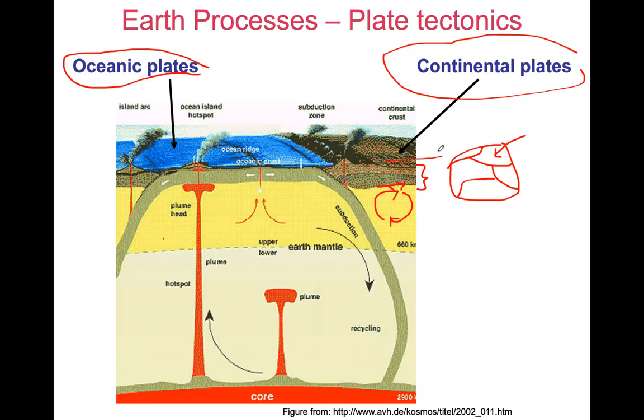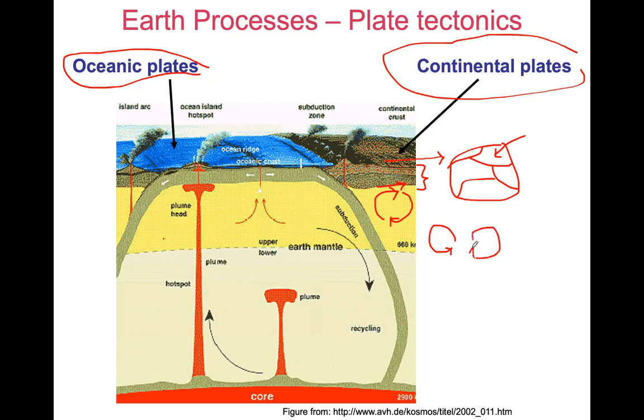It drags the plate in this direction, and at the same time there can be convection cells in the opposite direction. We call them convection cells because these are localized convective heat flow regions.